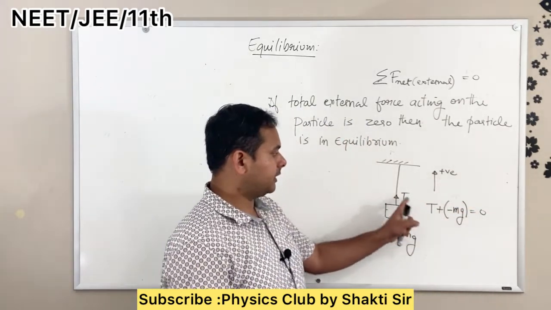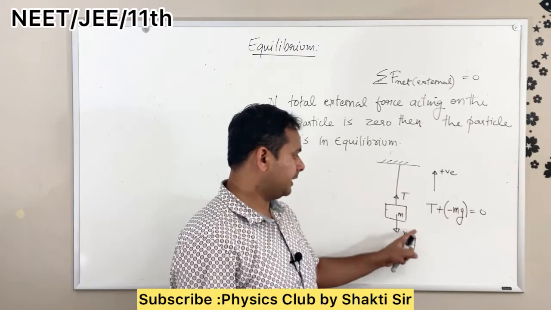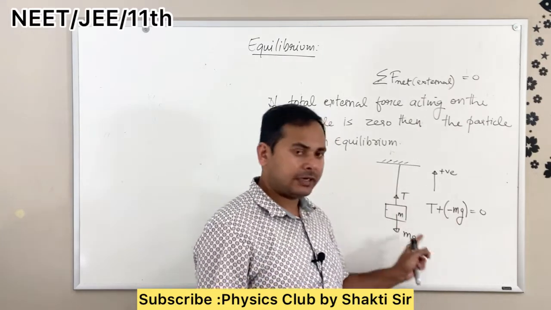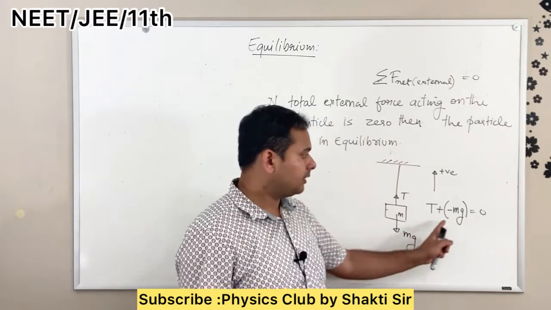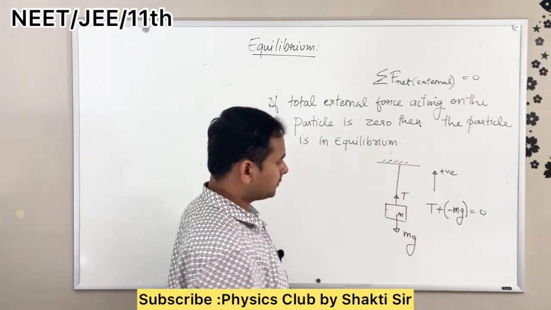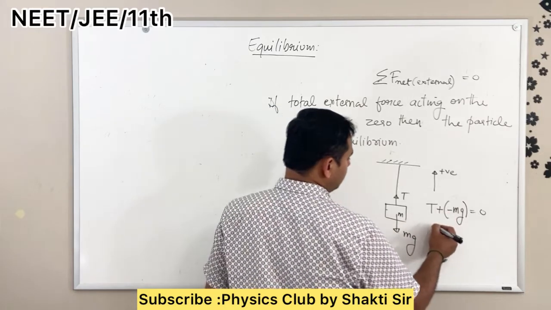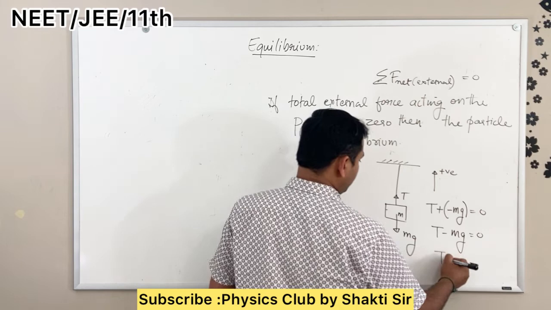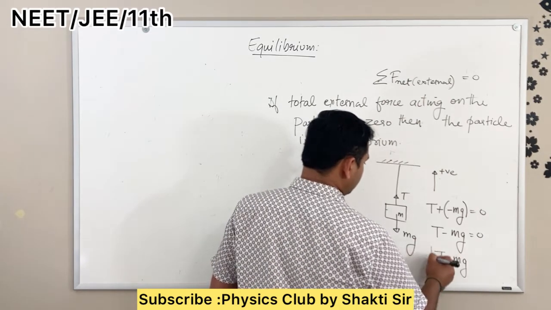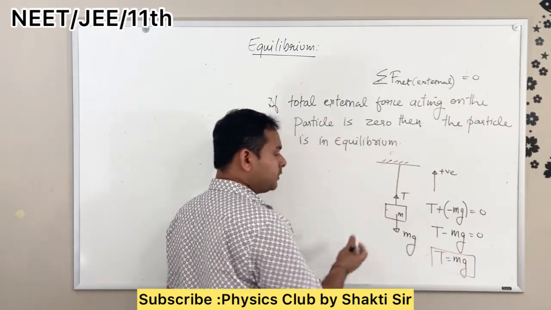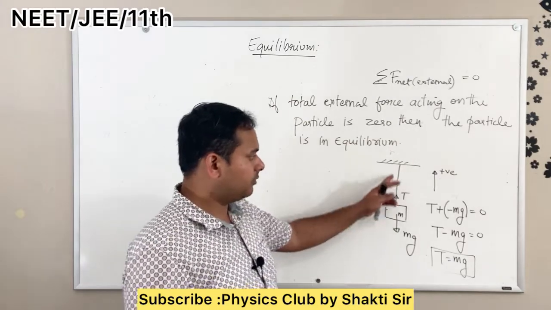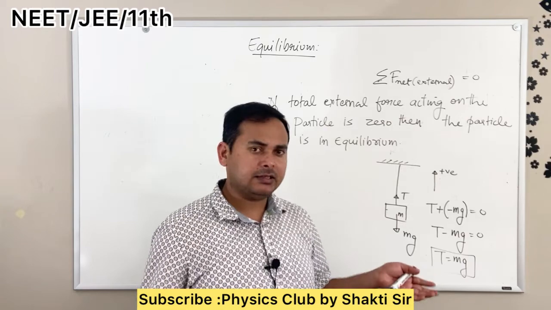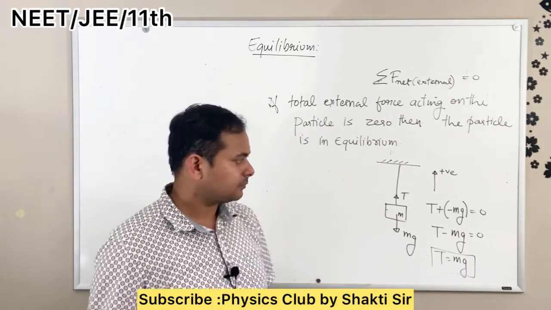The sum of all the forces acting on the block, or on the system, must be zero. So when we solve this, T minus mg equals 0, so T equals mg. That's why in simple situations we can simply say the total upward force equals the total downward force. Why? Because the system is at rest, it is not moving.